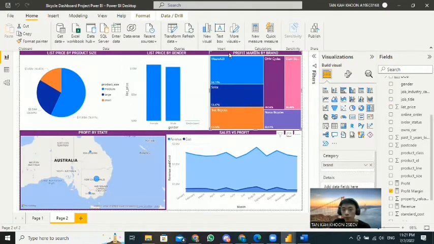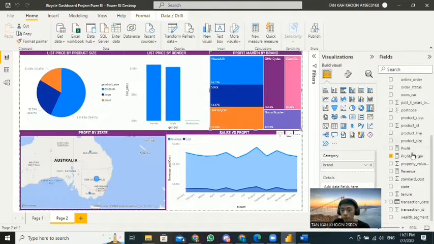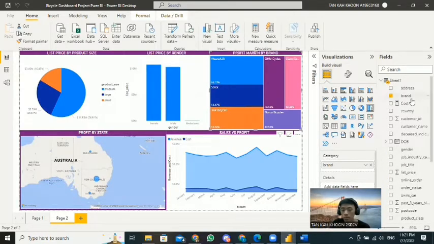Next is the profit margin by the brand, which uses the profit margin and brand as the domains. The brand Reader A to B has the highest profit margin with a value of 66.19, and Norco Bicycle has the lowest profit margin, which is 32.51%.